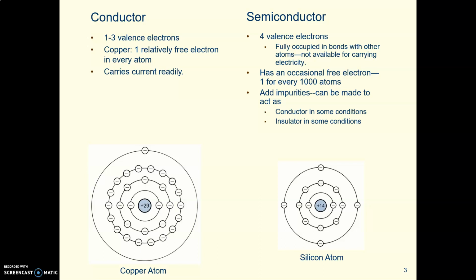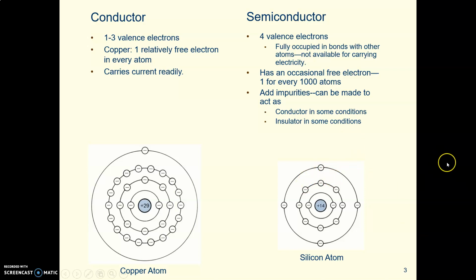It conducts current. A semiconductor has 4 valence electrons. And most of the time, there's no room for more electrons, and those electrons that are there are busy doing stuff with other atoms. There are molecular bonds there.